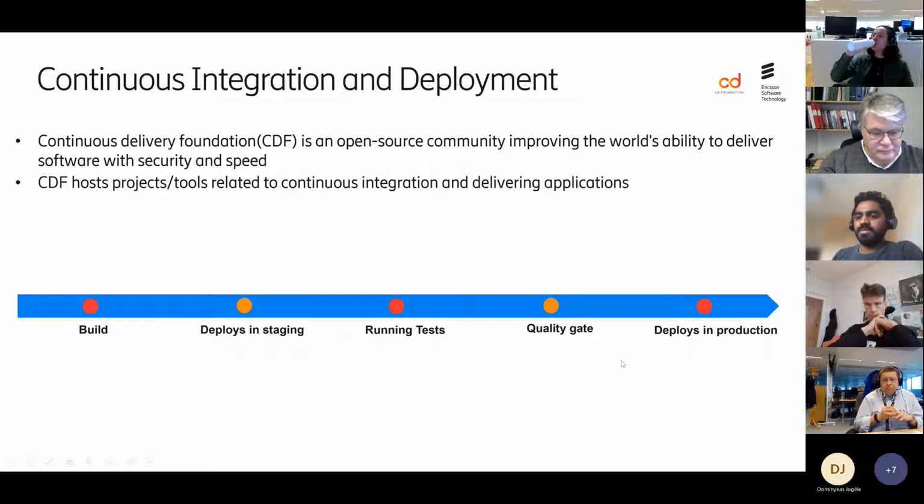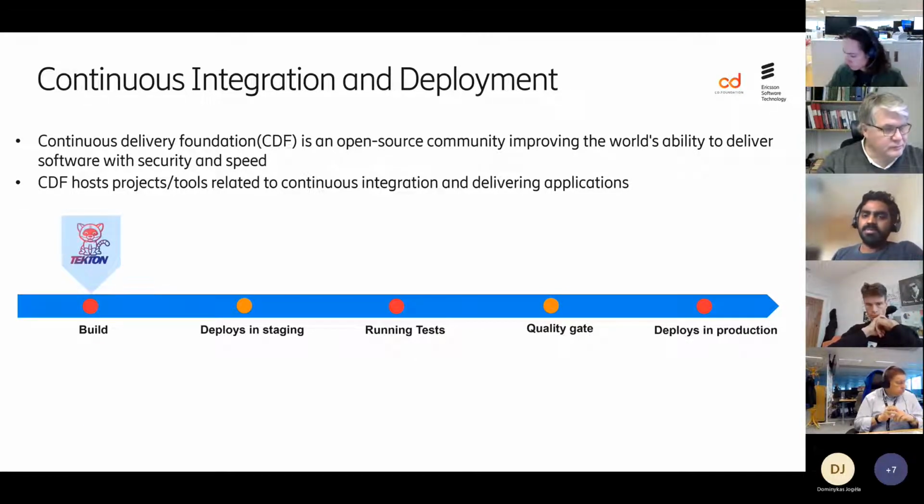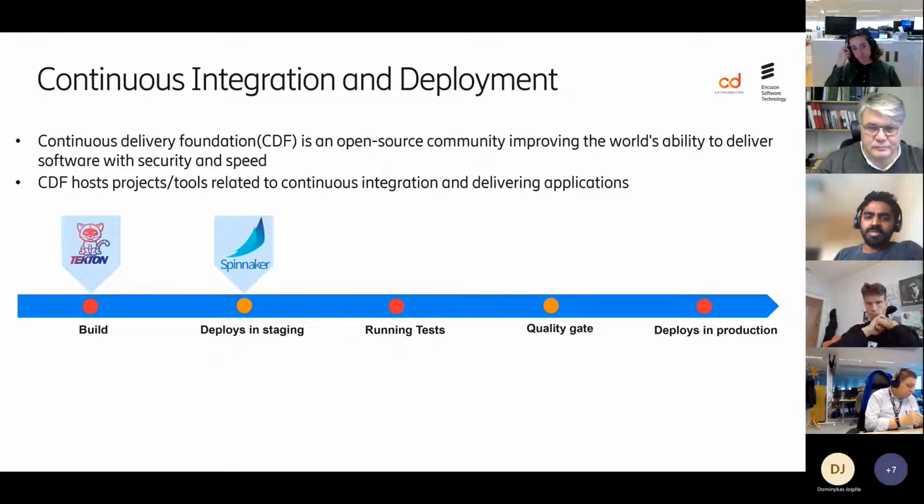This is the typical workflow that happens in every application, with changes going on every day. Let's say different tools are involved in this process. Tekton is building an application, and Spinnaker is another CI/CD tool that deploys the application in the staging location.